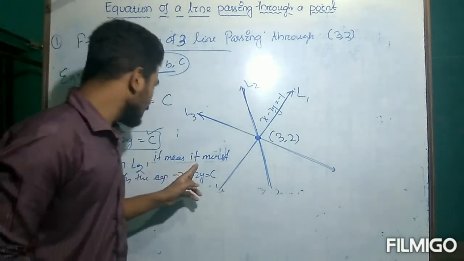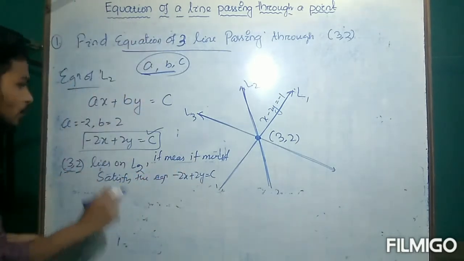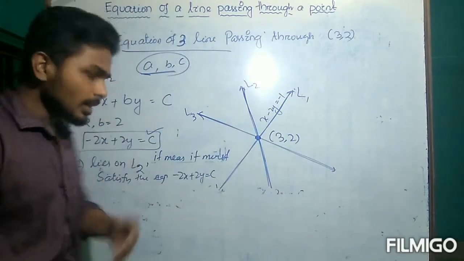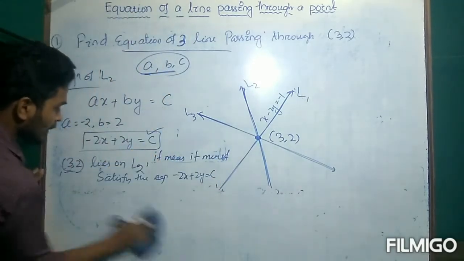So simply put x to be 3 and y to be 2 in the original equation, then you should get LHS to be RHS. So let's substitute them.